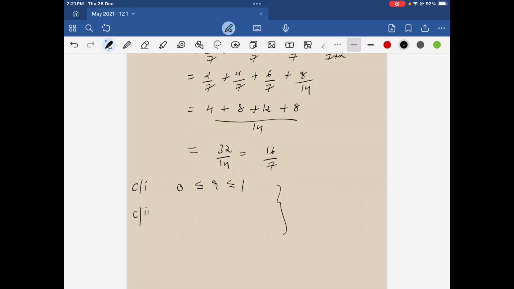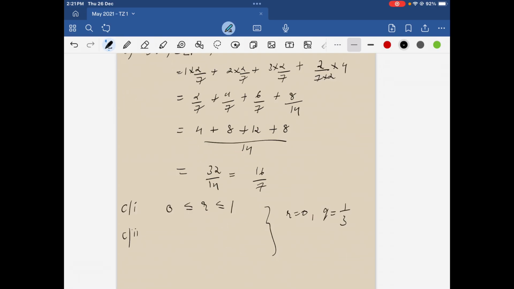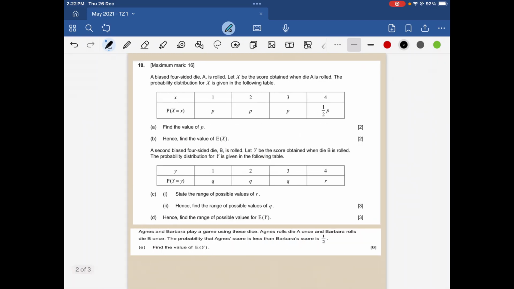See, I note down over here, if R is 0, Q will be equal to 1 by 3, because 1 by 3 plus 1 by 3 plus 1 by 3 will give me 1. And if R is 1, then Q should be equal to 0. So the possible range for Q will be 0 less than or equal to Q less than or equal to 1 by 3. So that is my C1, C2. Next, moving to question number D.